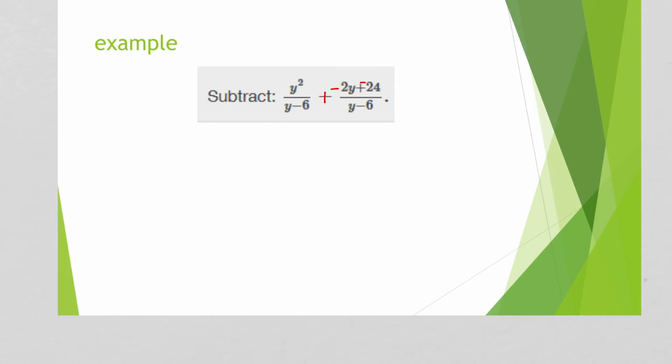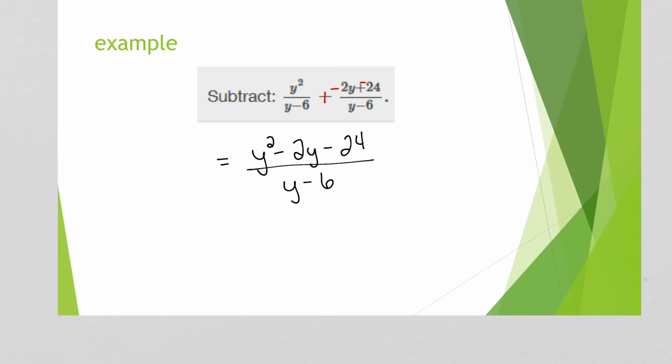So what we have now in our numerator, because we have a common denominator, is y squared minus 2y minus 24 over y minus 6, okay? So now, can we factor this numerator? You know what? Here's something you need to think about. Wouldn't it be nice if this was one of the factors in the numerator? So maybe that should be one of the things that you start with. If you had y minus 6 as one of the factors, what would be the other factor?